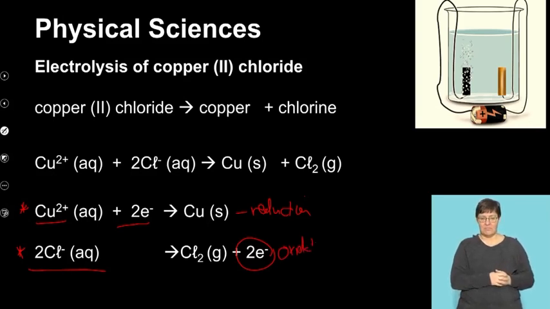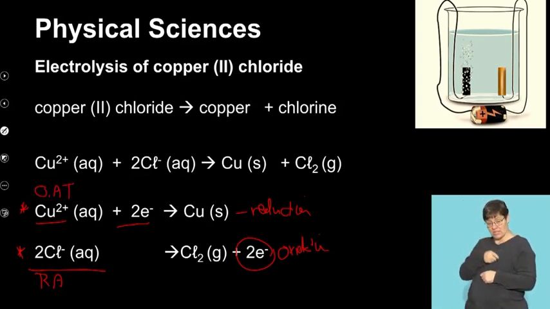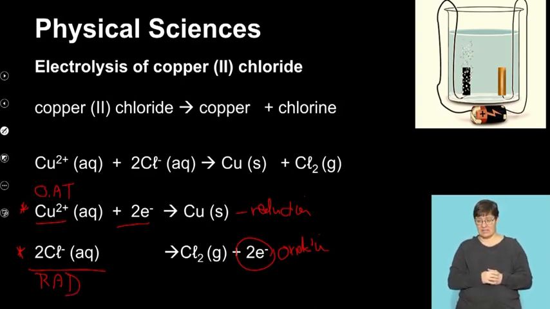And remember, wherever there's the oxidation reaction, the initial substance, the reactant, is going to be a reducing agent. And over here, where reduction has taken place, the copper 2+ ion is going to be the oxidizing agent because it's taking electrons, whereas the chloride ion is donating electrons, and we remember it with OIL RIG. Okay, so that's very clear that there is a redox reaction taking place.